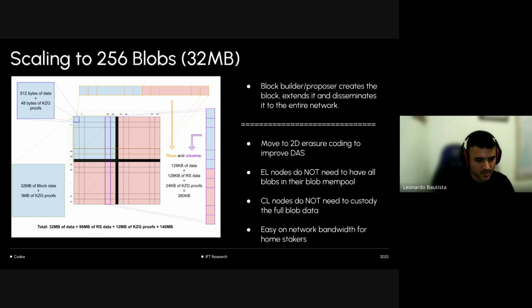After you sample 70 or 73 cells out of this matrix, the probability of the data not being available is like 10 to the minus 10 or something like that. It's really, really low. So that's how 2-dimensional erasure coding helps us. It's not only for recoverability and reliability, but it's also much faster to verify that the data is available, because the sampling mechanism becomes much more efficient.